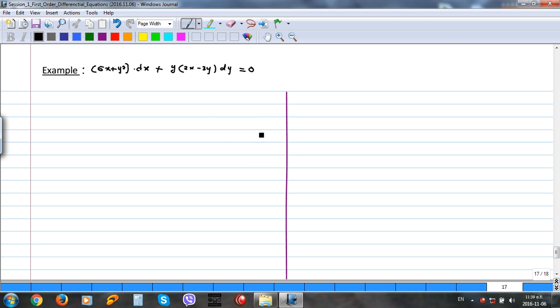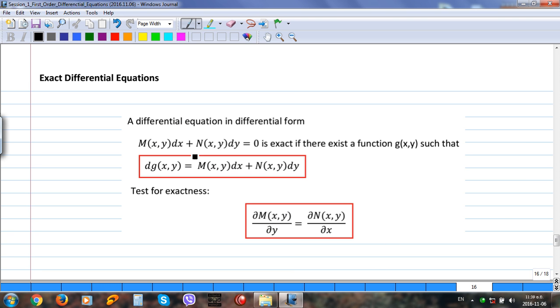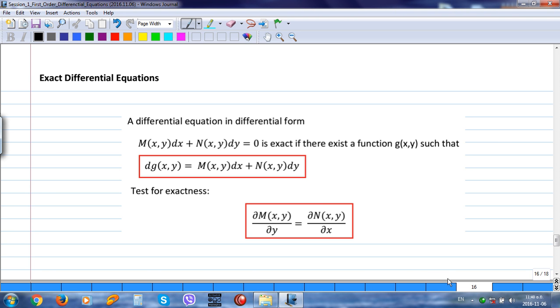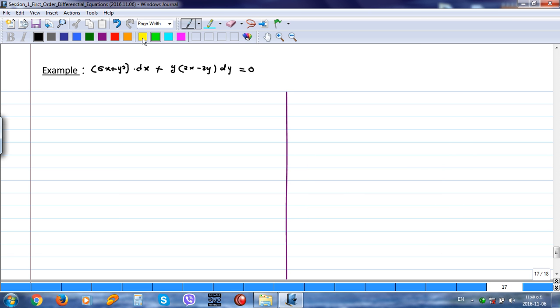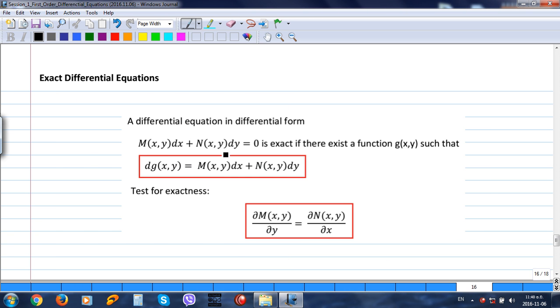First, this is in the form M(x,y)dx + N(x,y)dy, the differential form. Then we have to select M. M means this part here, without the dx.